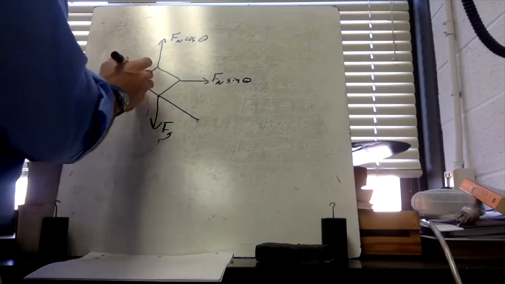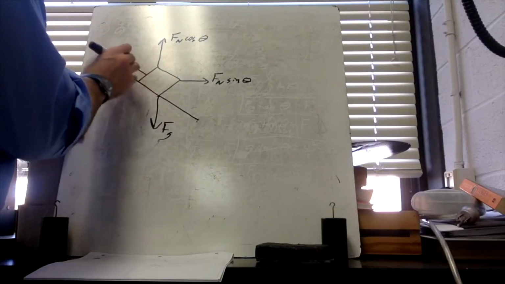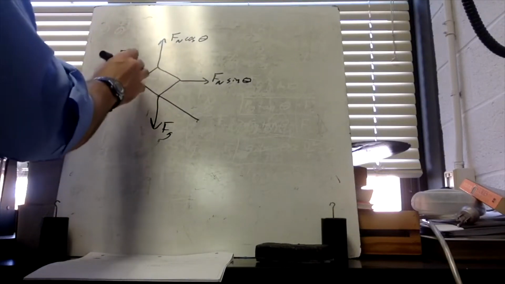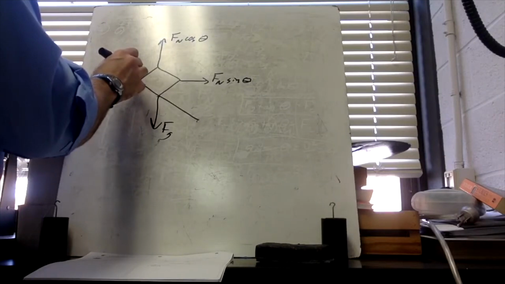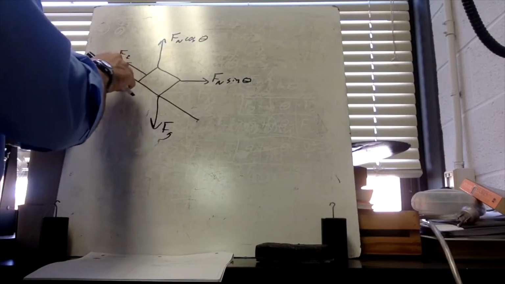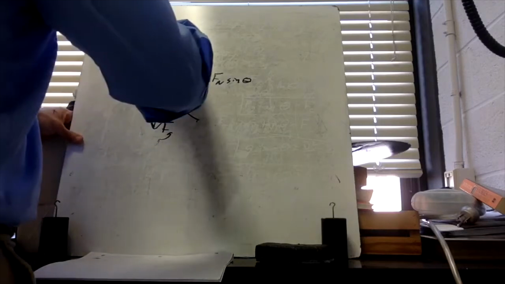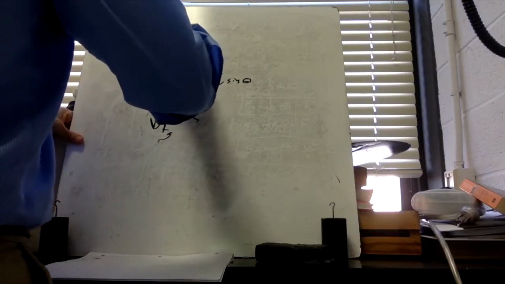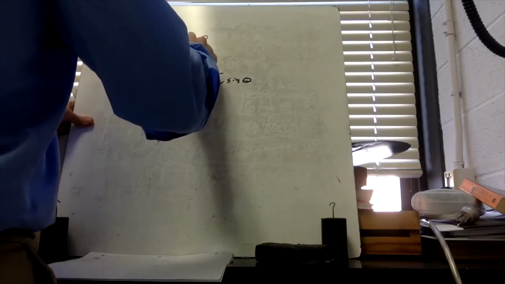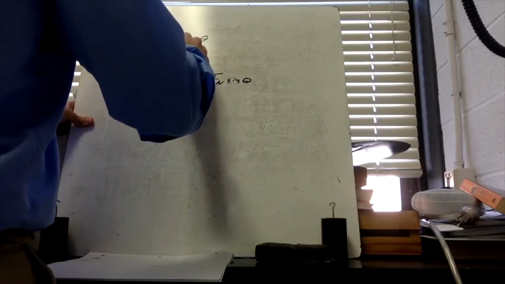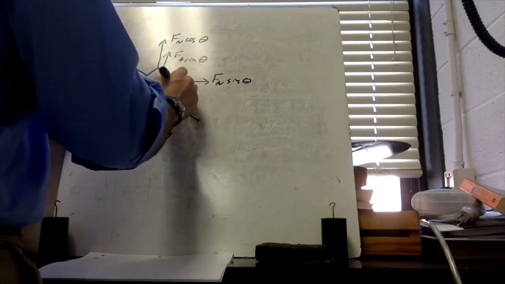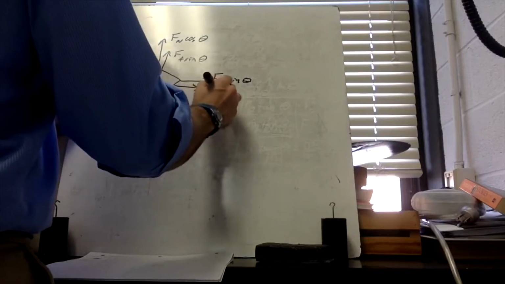Now the friction force is pushing up this way, Ff, and here's the angle. So the vertical part of this is the friction force Ff sine theta, and pushing this way is Ff cosine theta.